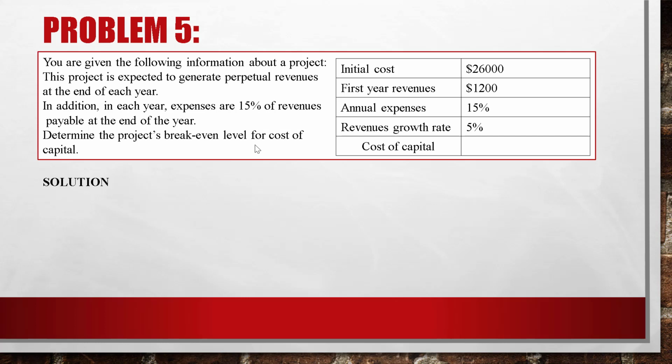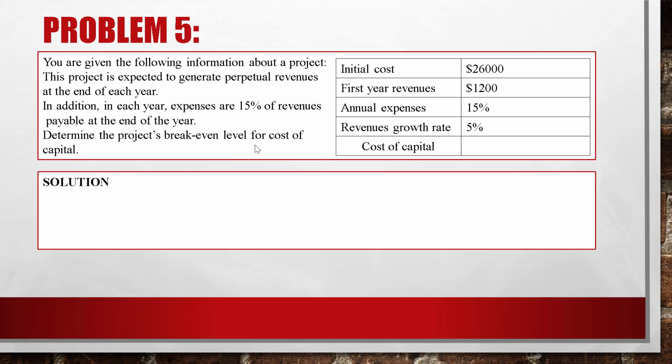Here, the cost of capital is not given, so I'm going to call it X for the cost of capital. And I have the initial cost is 26,000, so it should be negative.